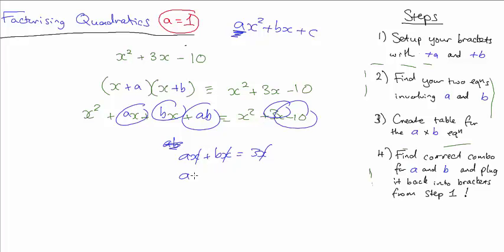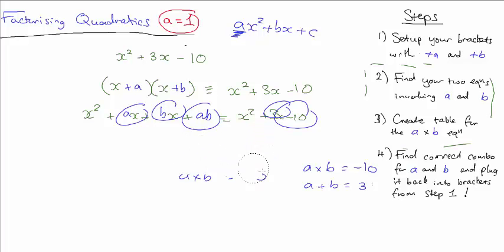Remember, don't forget your minuses. Minus 10. There you go. We've got your 2 equations. So we've got a times b equals minus 10. And we know that a plus b equals 3. And just write that a little nicer.